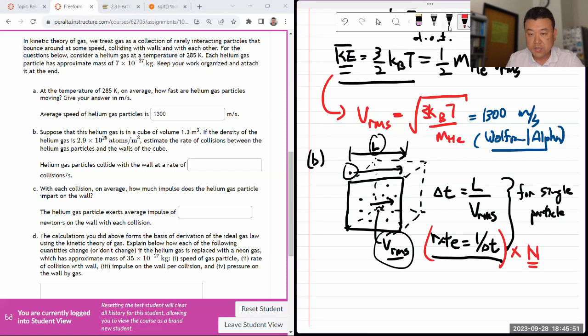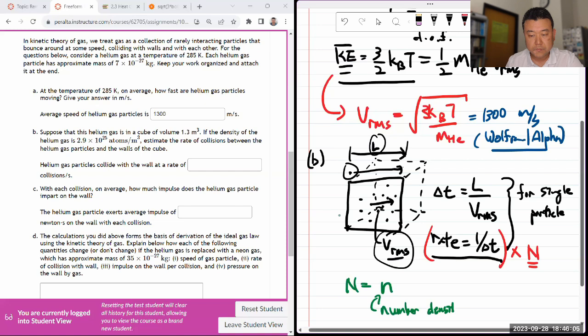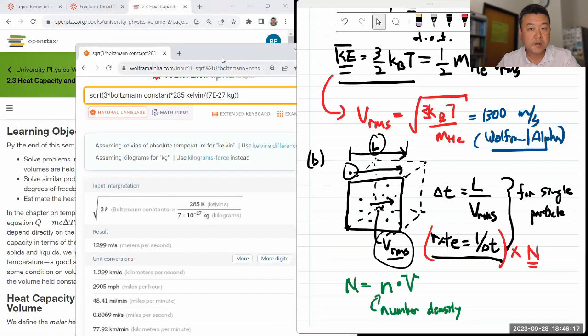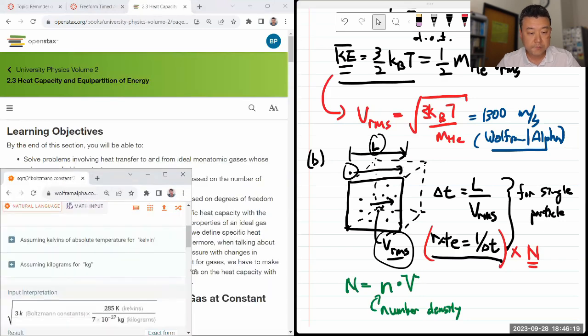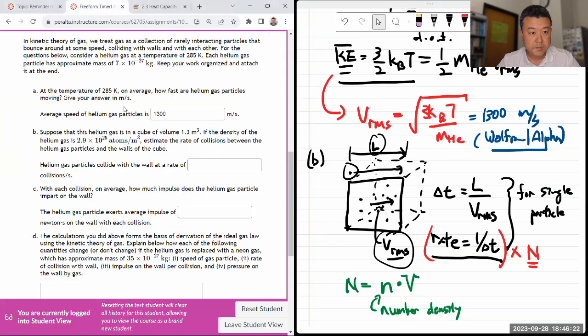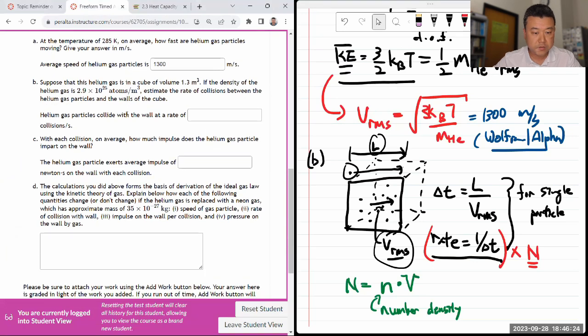From the given information, the number of particles is the number density, I'm going to use a lowercase n, times the volume, which they gave us, 1.3 meters cubed. So I think that's everything, and I can do the rest in Wolfram Alpha. Let's see, I want to have the numbers on the screen.